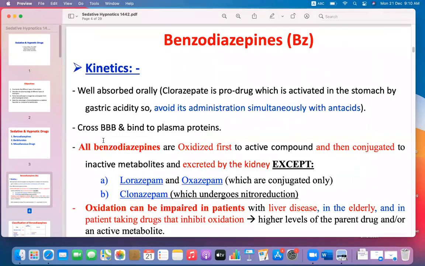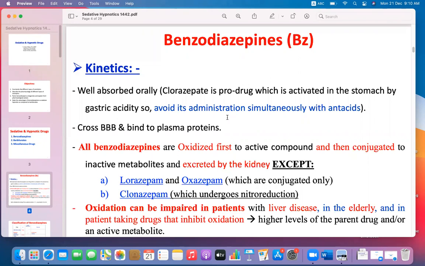So let us see the pharmacokinetics. Clorazepate, which is a long-acting benzodiazepine, is a prodrug and is activated in the stomach by gastric acid. Now, what is a prodrug? A prodrug is inactive outside the body, but when it goes into the body and is metabolized by the liver, it is converted into the pharmacologically active drug.